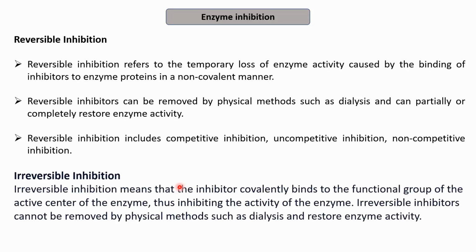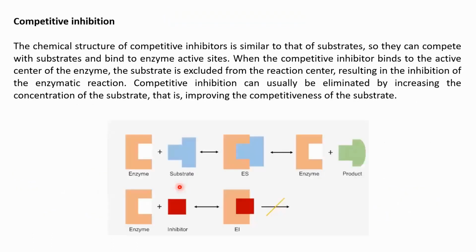For example, if we perform dialysis, and there is a covalent bond formation between the inhibitor and the active site of the enzyme, the activity cannot be restored at any cost. So, if I talk about the competitive, uncompetitive, and non-competitive inhibitions in a little more detail, we can understand them from these diagrams.